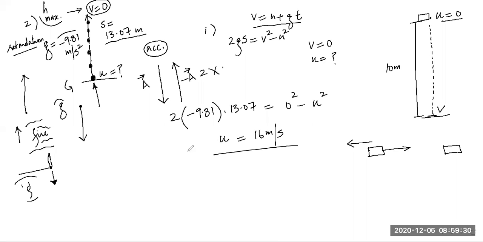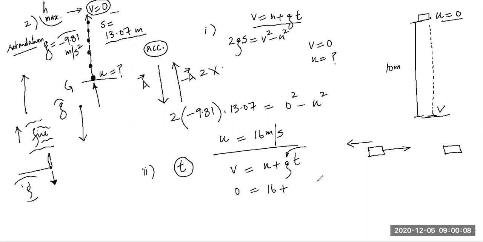All right. And the second question is, students, what time is taken by the object to reach the highest point? Time taken by the object to reach this point. Any student, which equation will we apply? First equation. Perfectly right. Because now we know U and V. V is 0, and we also know U is 16. Again, students, what will be the value for G?